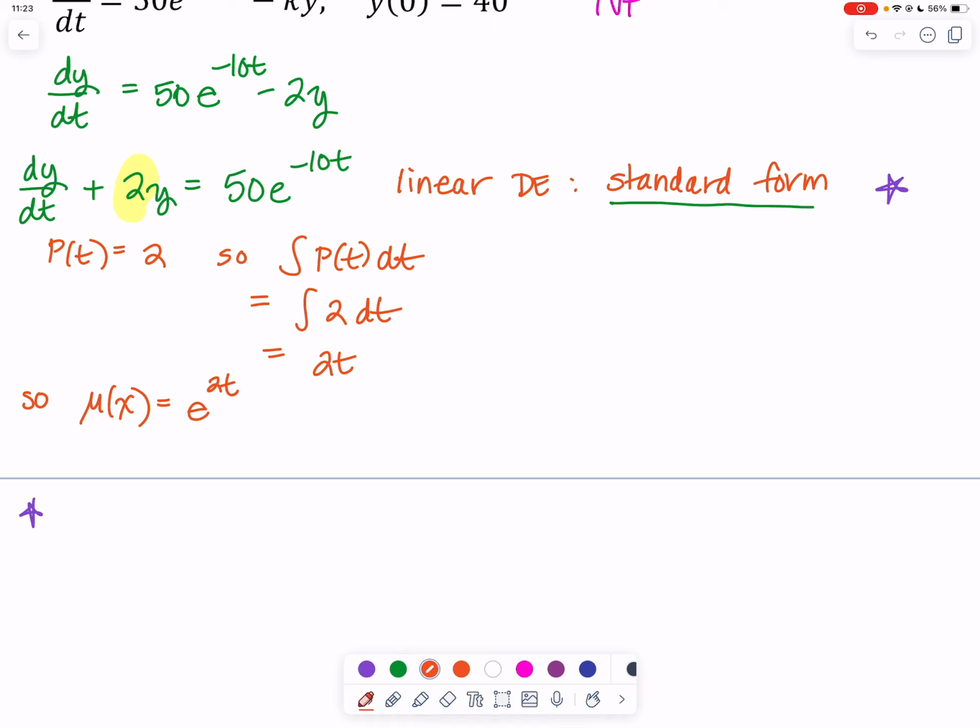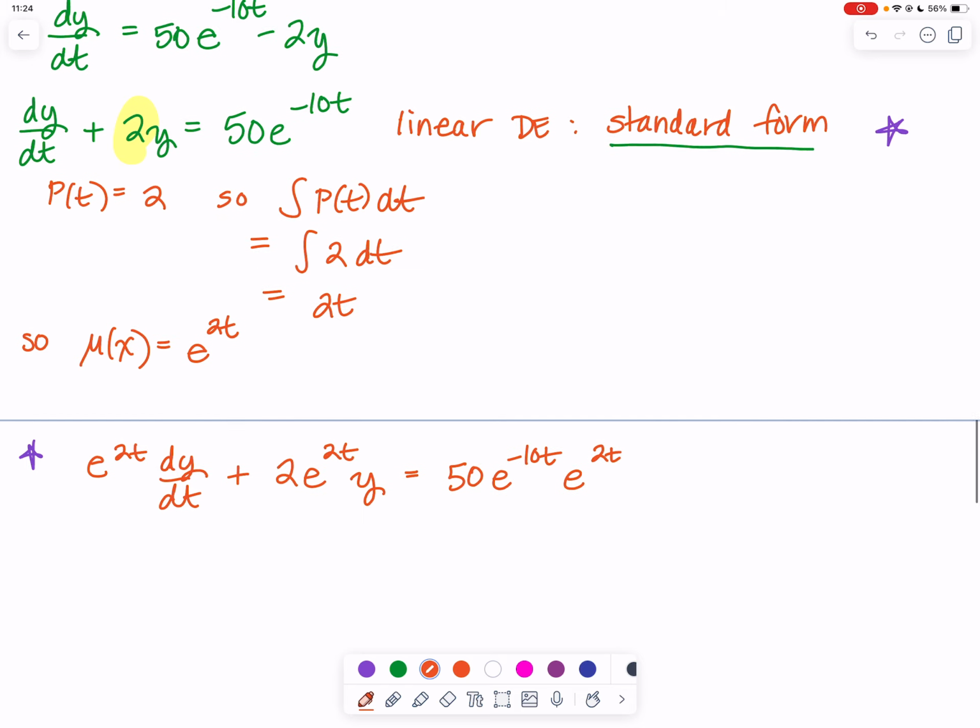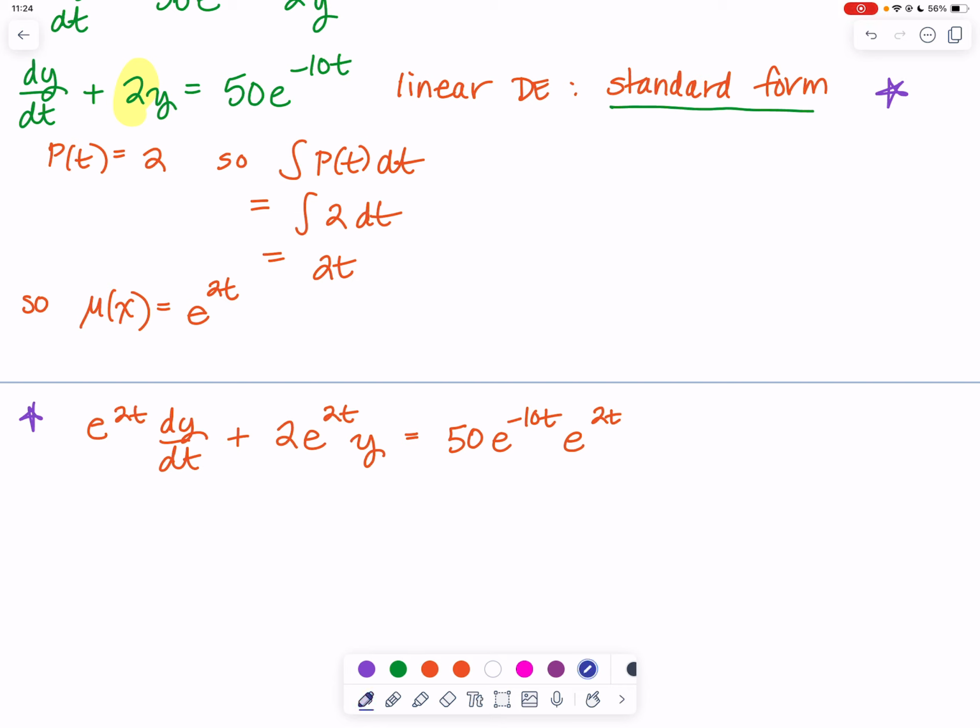So we will have e to the 2t multiplied by dy/dt plus 2e to the 2t y is equal to 50 e to the negative 10t multiplied by e to the 2t. And we're going to combine these in our next line.